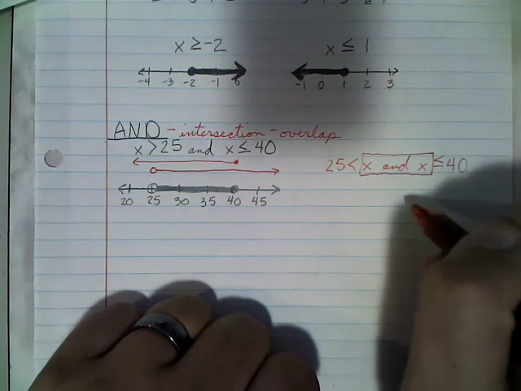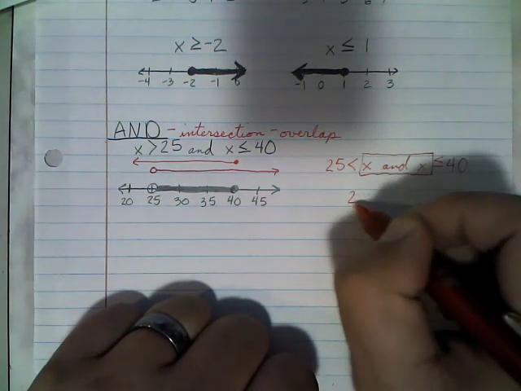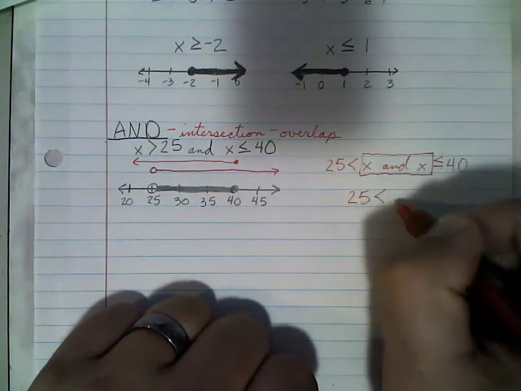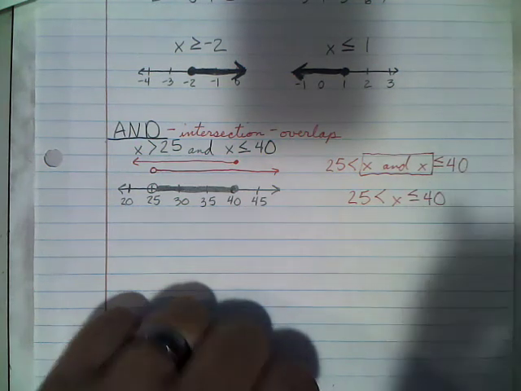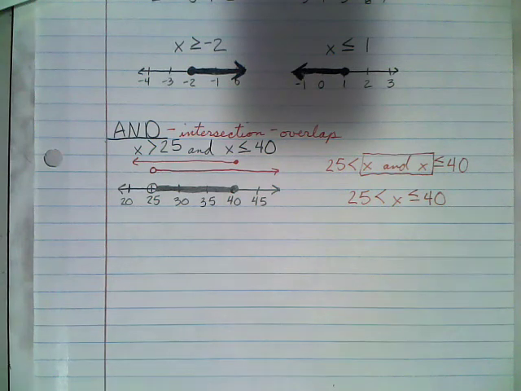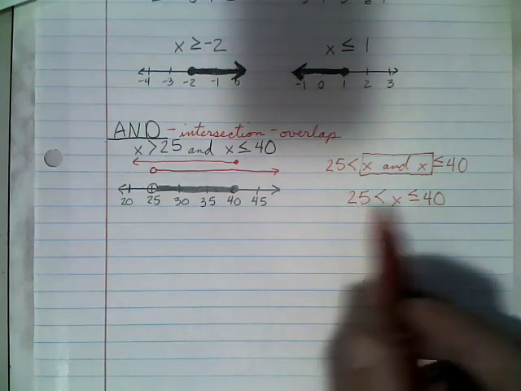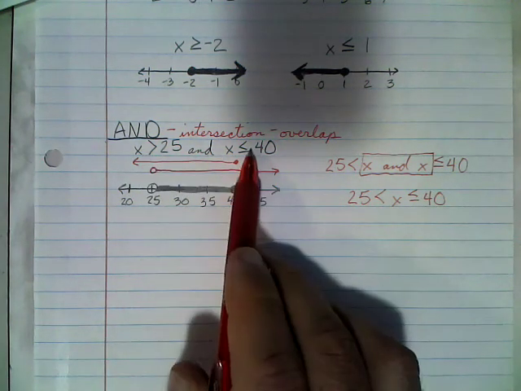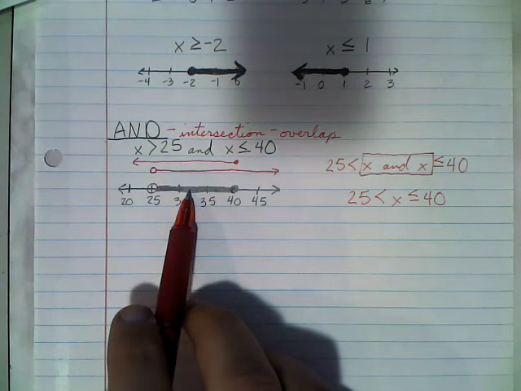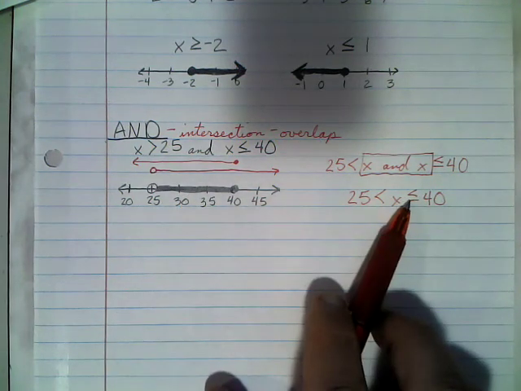And so the result would be 25 is less than x, which is less than or equal to 40. And so this statement right here is actually equivalent to this statement up here, which means this graph would also be the graph for this.